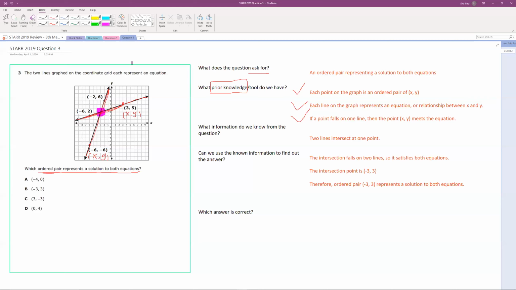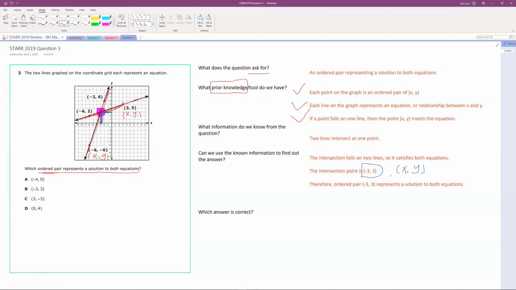Then the x and y for this intersection: the x is -3, and the y is +3. So the intersection point is (-3, 3). It's an ordered pair of x and y.